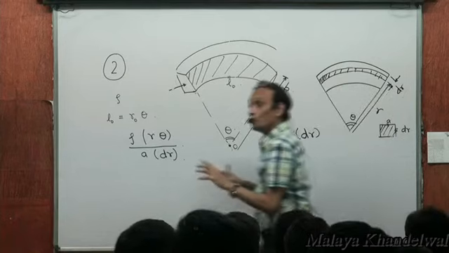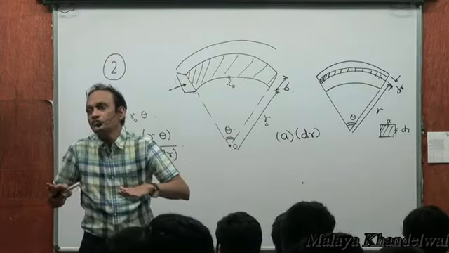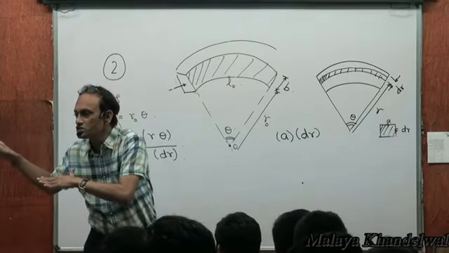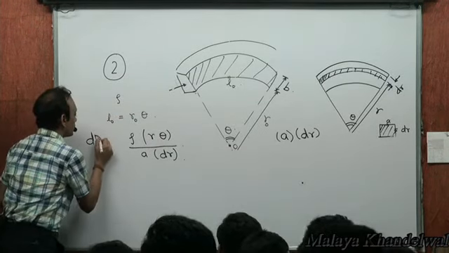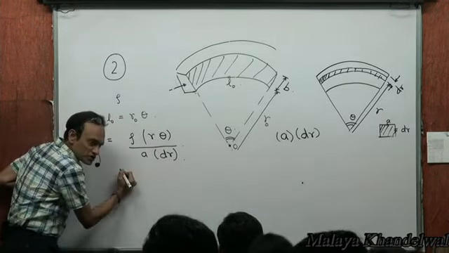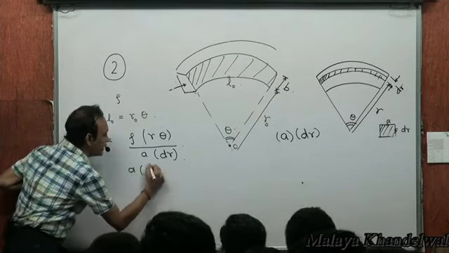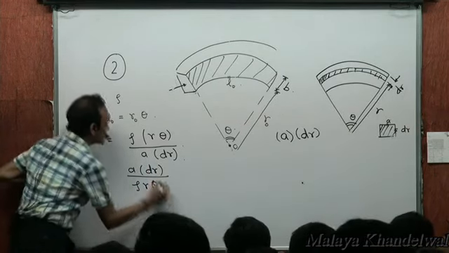Right? So if they are in parallel, the reciprocal of the equivalent resistance would be the sum of the reciprocals of the constituent resistances. This is the resistance of the shaded portion, dR. The reciprocal of this resistance is A into dr divided by rho R theta.